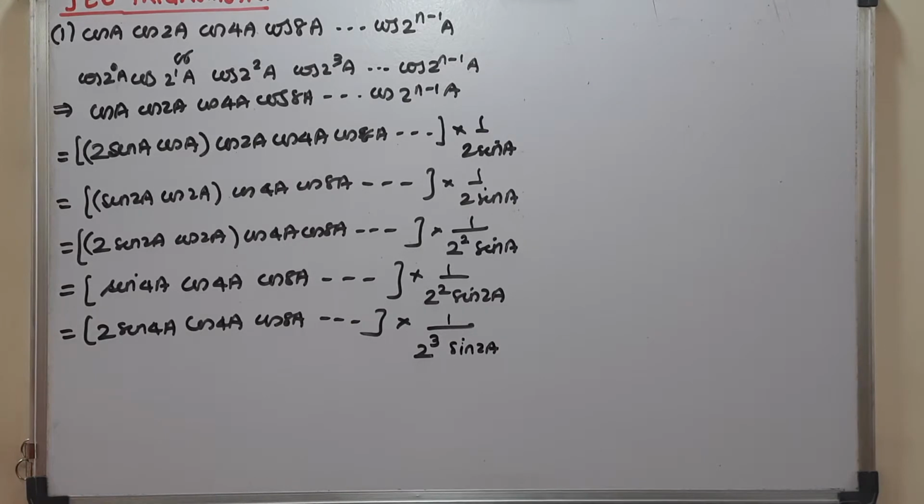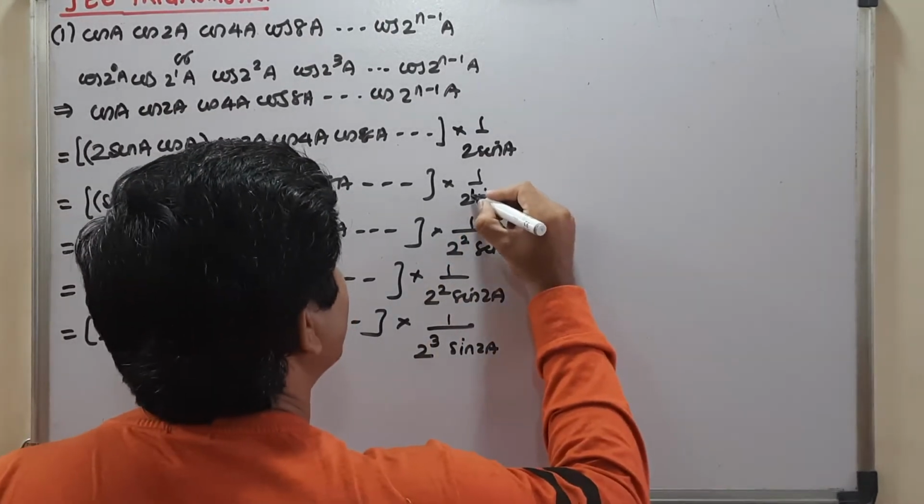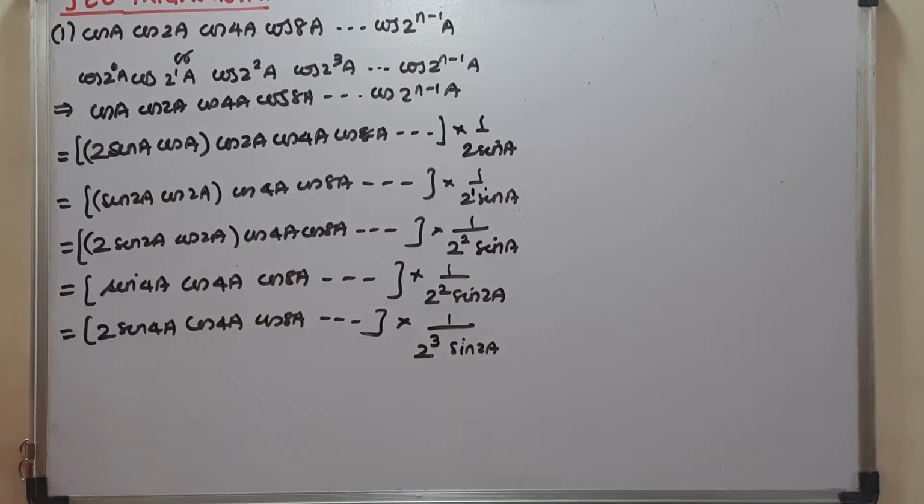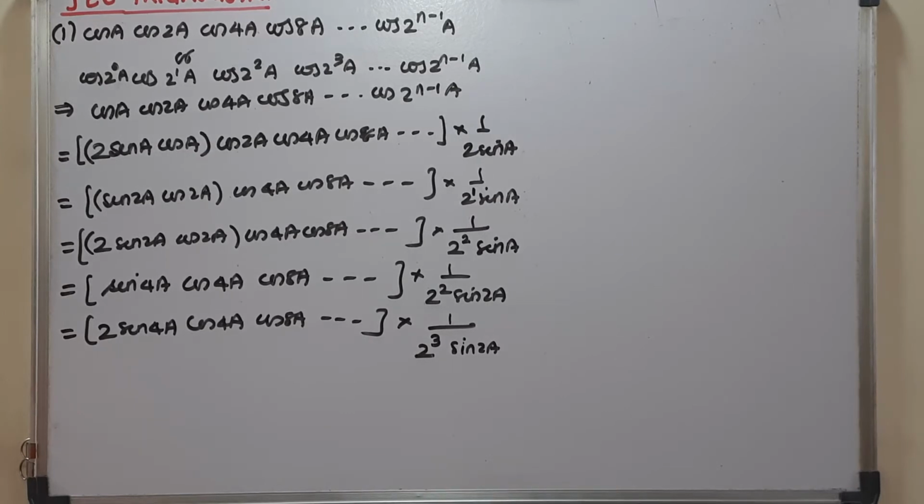So what I am going to think now is, is there any role of this 2 raised to 1, 2 raised to 2 and 2 raised to 3? Is there any role played by this? So that I will think.